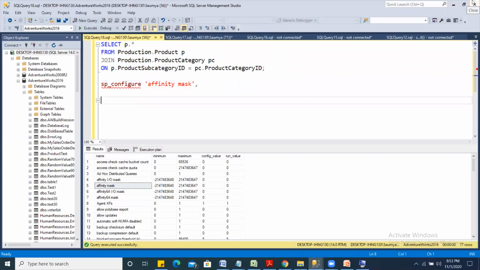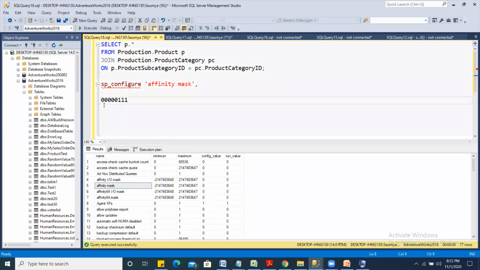Let us calculate it. First make a pattern of 8 bits with zeros: 1, 2, 3, 4, 5, 6, 7, 8. 8 zeros are here. Now I want 3 processors to be assigned to SQL Server, so I will make these 3 bits 1, 1, 1.